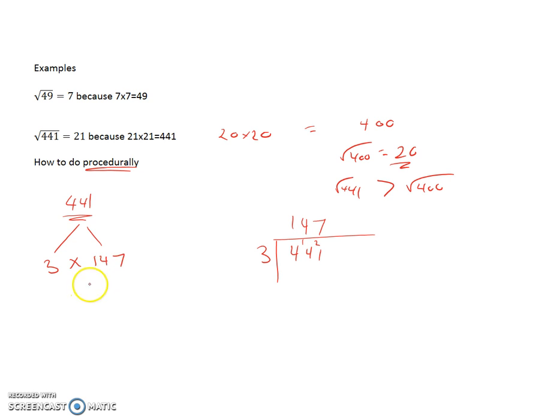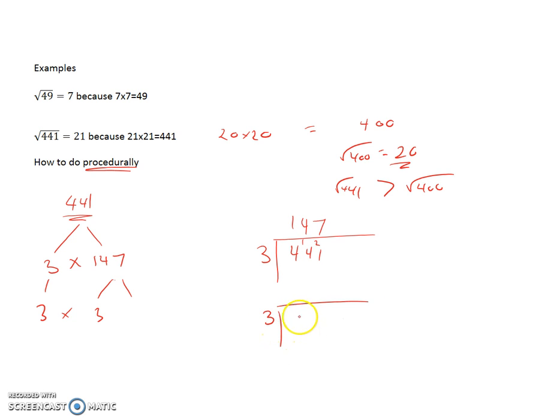That can also be divisible by 3 because 1 plus 4 is 5 plus 7 is 12, so 12 is divisible by 3. So I can split that one up further to be 3 times something else. Okay, so if I can't see it, let's do short division again.